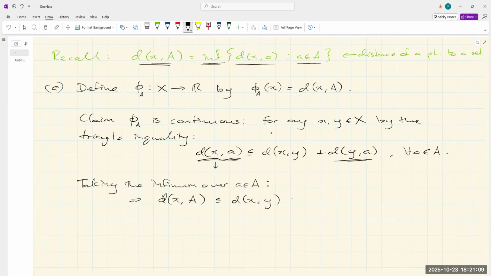And this one is just the distance from the point y to the set A. So that just becomes the distance of y to the set A.